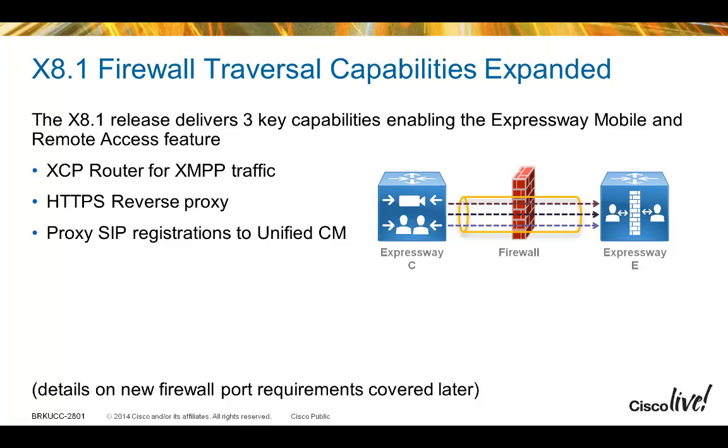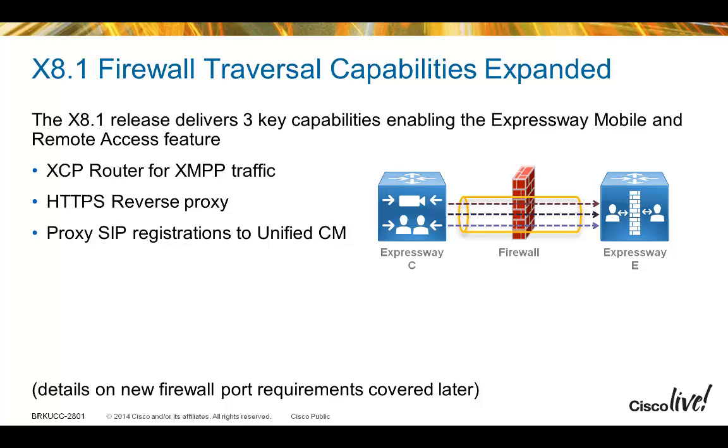What we'll also enable very soon is XMPP federation. Since we have this XCP router, we're going to be able to do XMPP federation, giving your Presence server an option to talk to the outside world via XMPP. We already have a SIP option today through ASA and the TLS proxy. This is going to be a really nice option, especially if you're putting in Expressways for MRA.